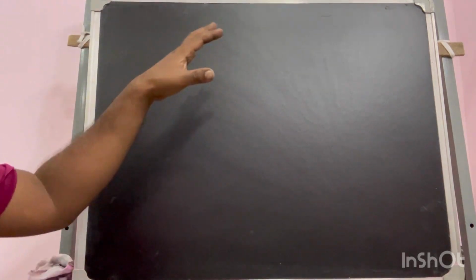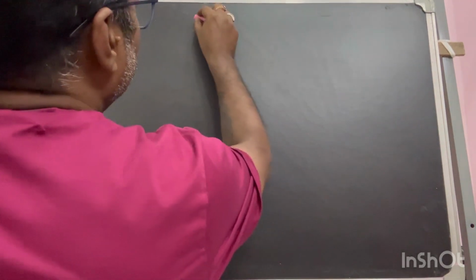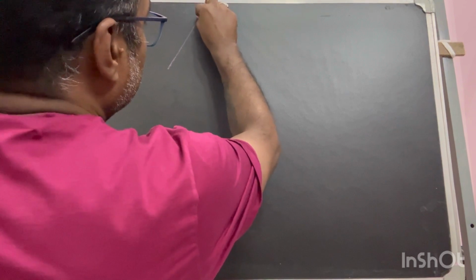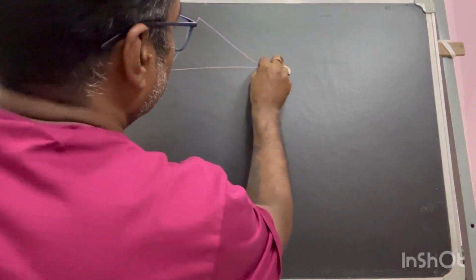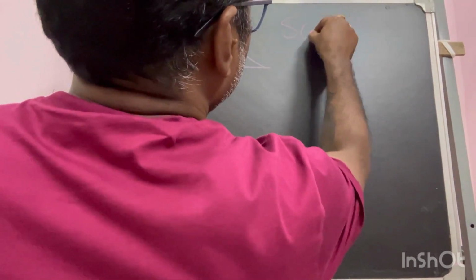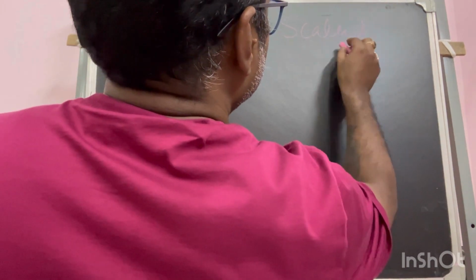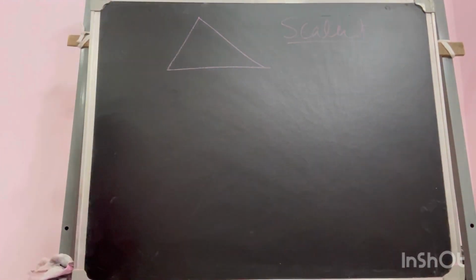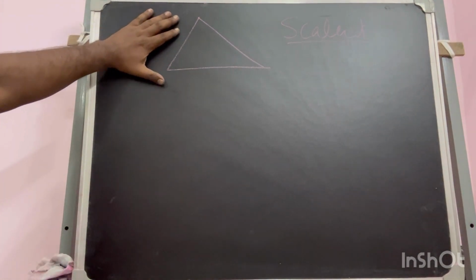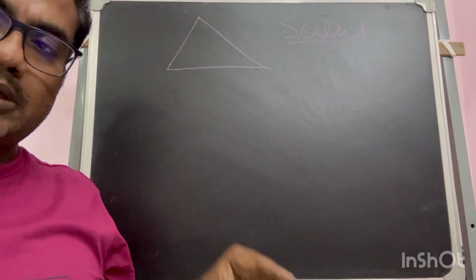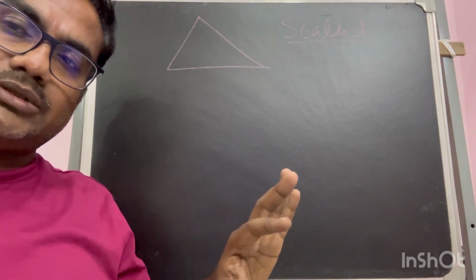But this case, the triangle that we will select is a generalized triangle, that is a scalene triangle. Okay, scalene triangle. So this scalene triangle means where the sides of the triangles are not equal. None of the sides are identical to each other.